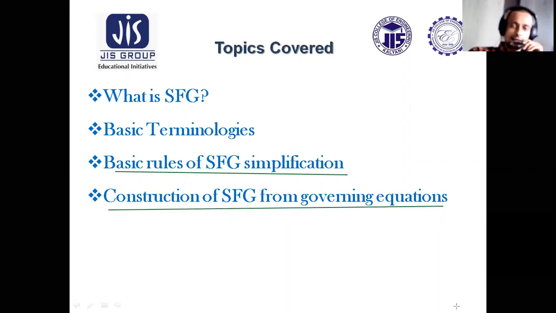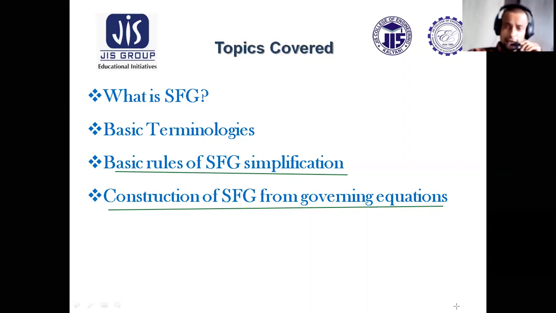That means, as I already said in previous classes, a system may be represented in various ways, such as by circuit diagram, schematic diagram, phasor diagram, mathematical equation, block diagram, state space representation, etc. So, as we know, any physical system can be represented by its governing equation.